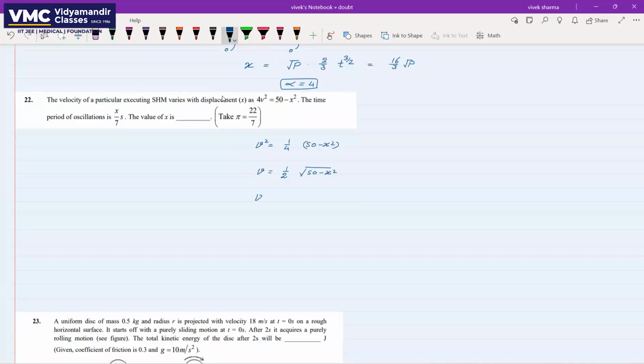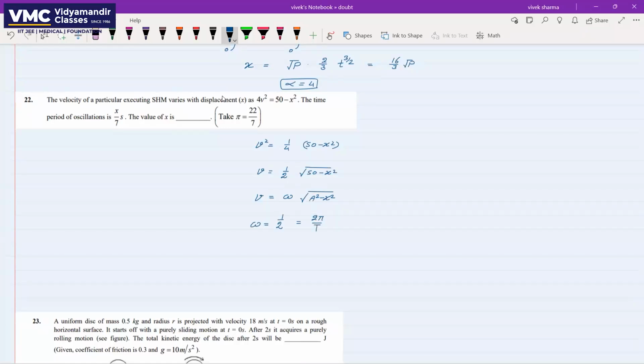As we know, general relation of speed of the particle in SHM, it is v is equal to omega square root of a square minus x square.